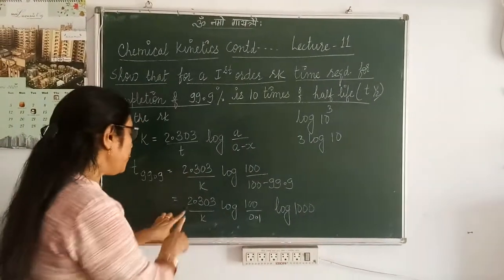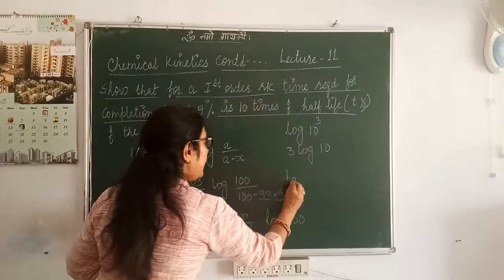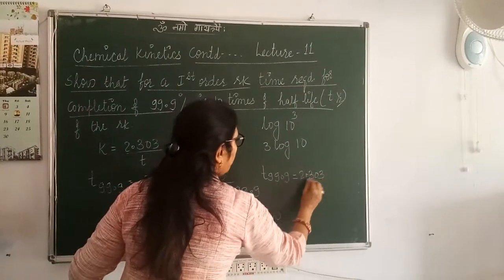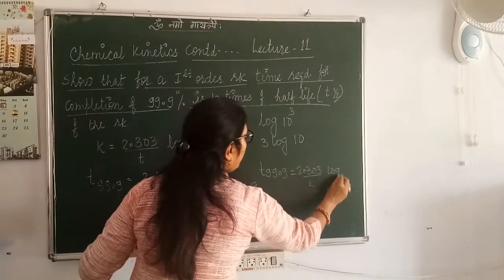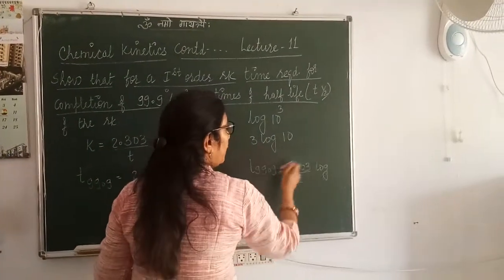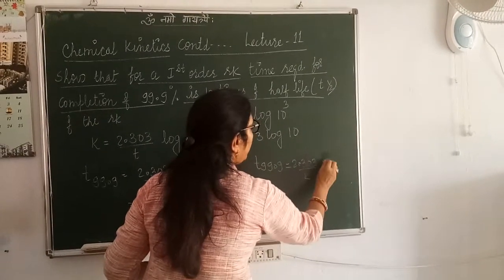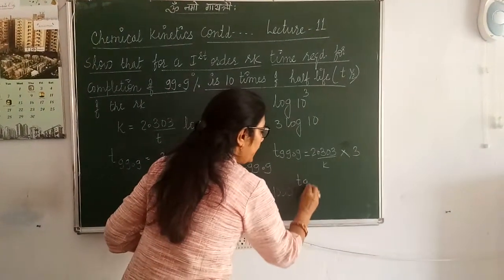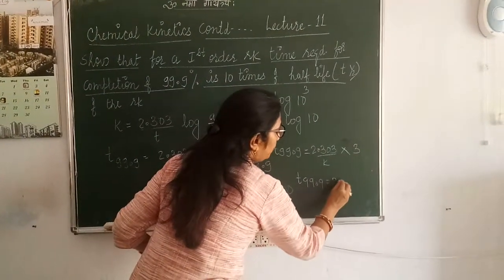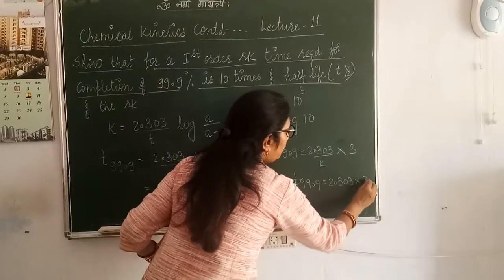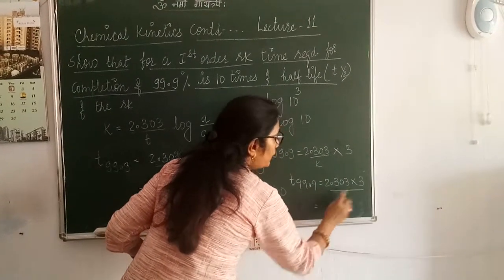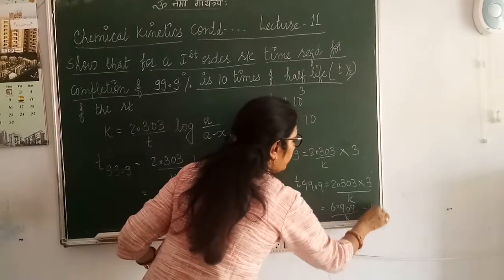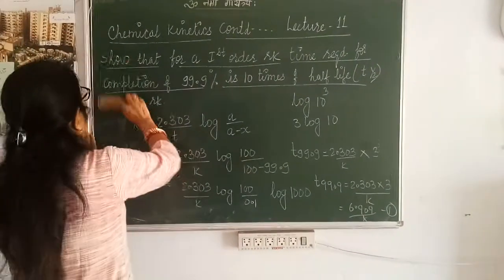Log 10 is equal to 1, so when you substitute it, then T 99.9 will be equal to 2.303 by k into 3, since log 10 is equal to 1. So T 99.9 is equal to 2.303 into 3 divided by k, or this is equal to 6.909 by k. Okay, expression or equation 1.